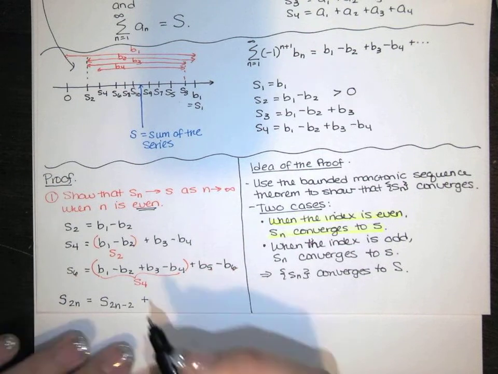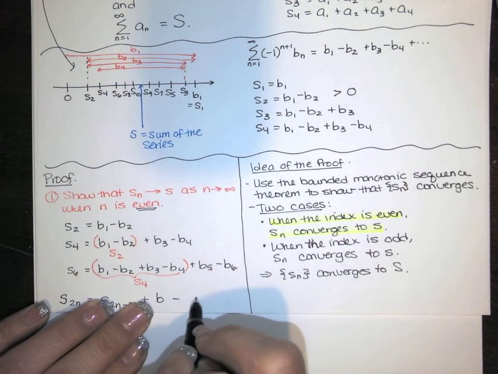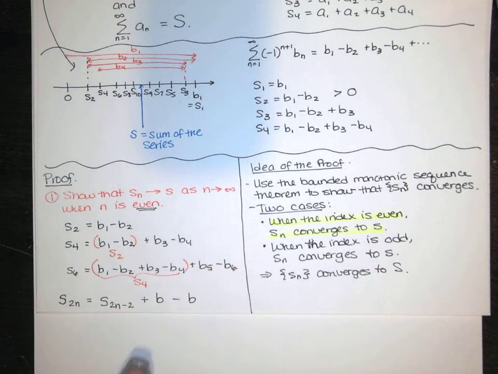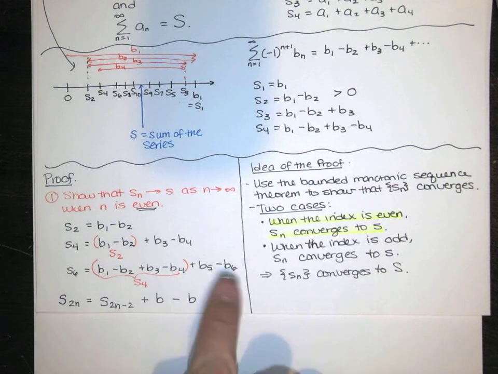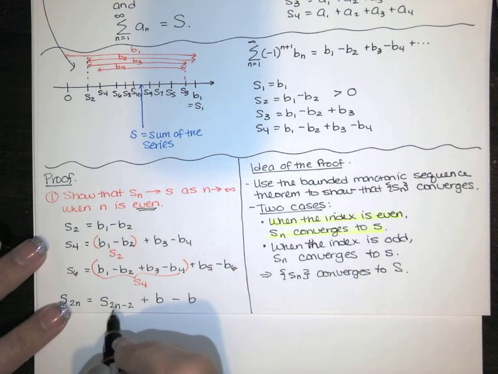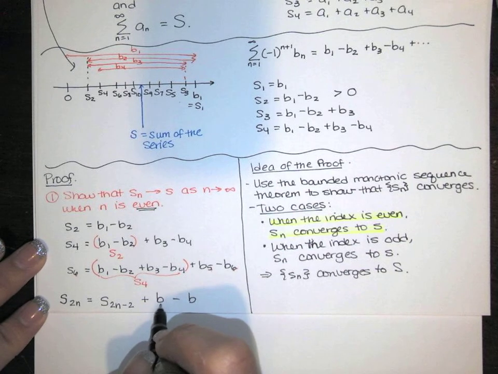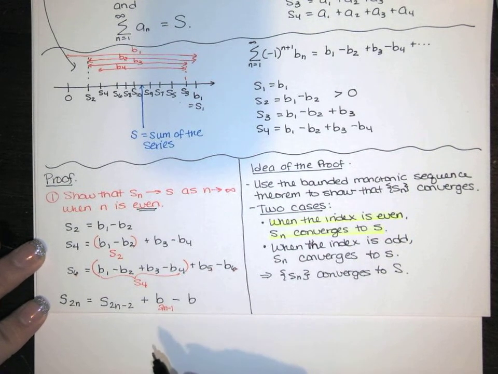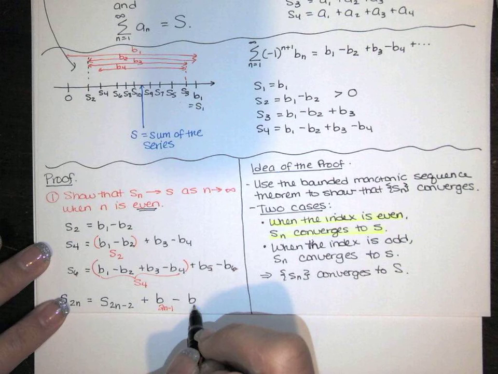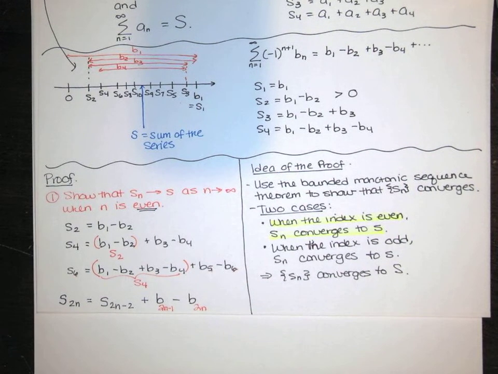So we're going to have a b sub something minus b sub something else, and the index is increasing by 1 as I go across this line. So if this is S sub 2n minus 2, this is b sub 2n minus 1, and then this one is b sub 2n. Okay, are you with me? It's a little bit hard to see. I'm going to draw this a little bit bigger on the next page.